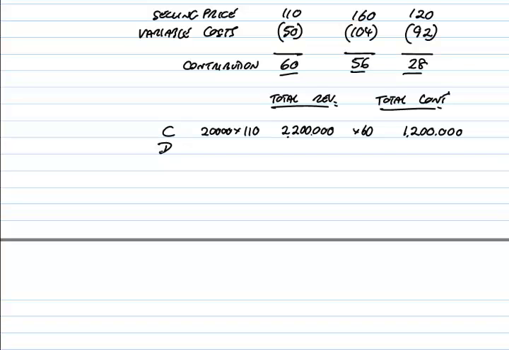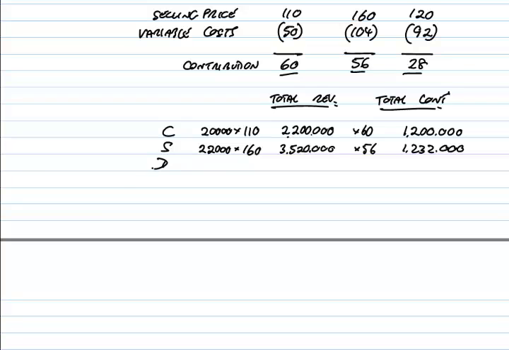Similarly, S rather is next. S, 22,000 units at revenue of 160 is 3520, and the contribution 22,000 units at 56 is 1232.